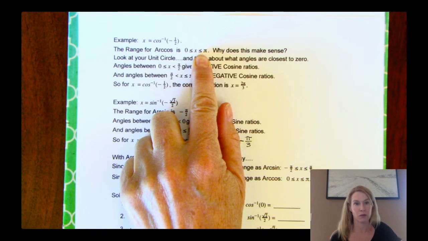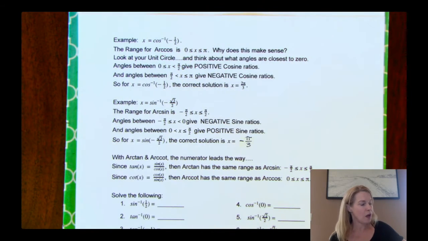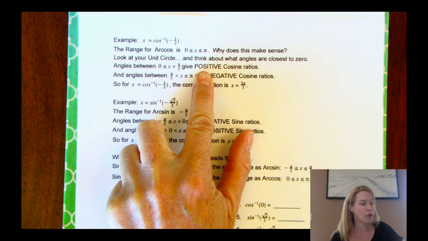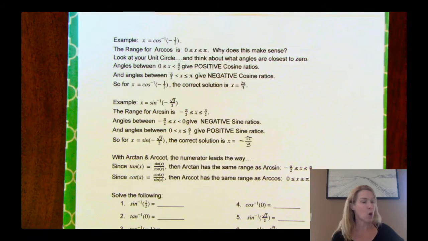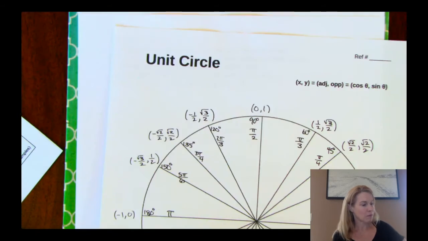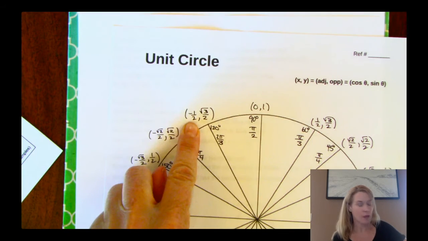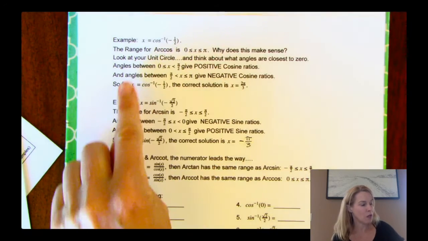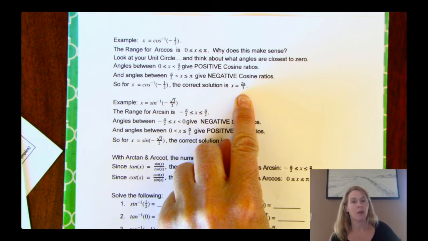Again, looking at the unit circle, the positive cosine values are from 0 to pi/2, and the negative cosine values are from pi/2 to pi. Here's -1/2 from 0 to pi. That's the only one, and that's at 2pi/3. So our solution for this example is cosine inverse of -1/2 equals 2pi/3.